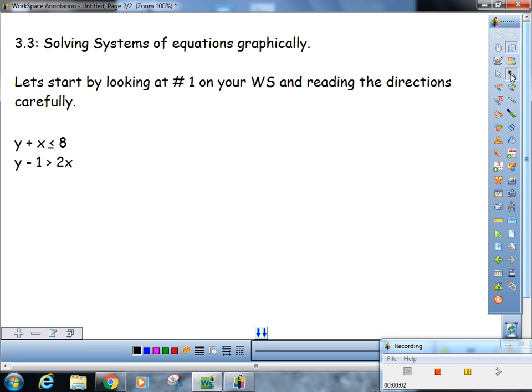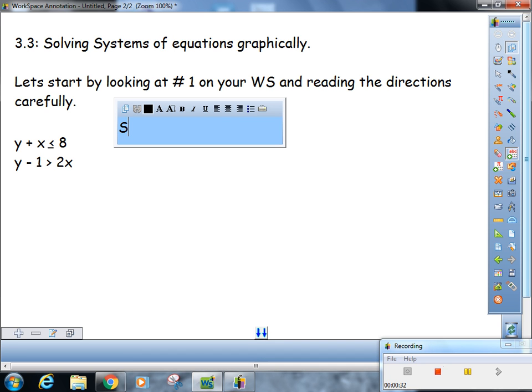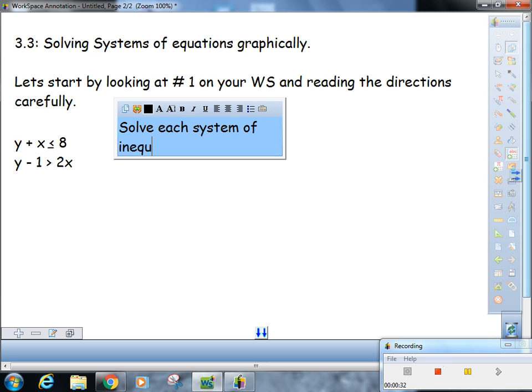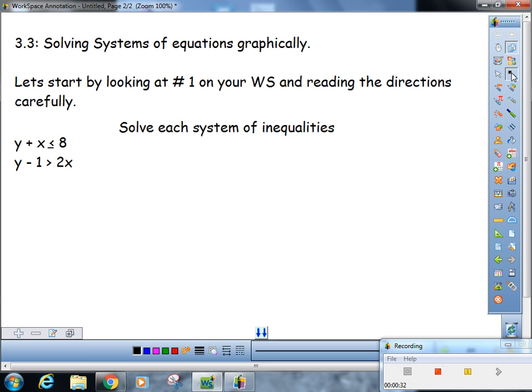Okay, so it says, solve each system of inequalities. So let me type out these directions here. Okay, so solve means to find the solutions to.